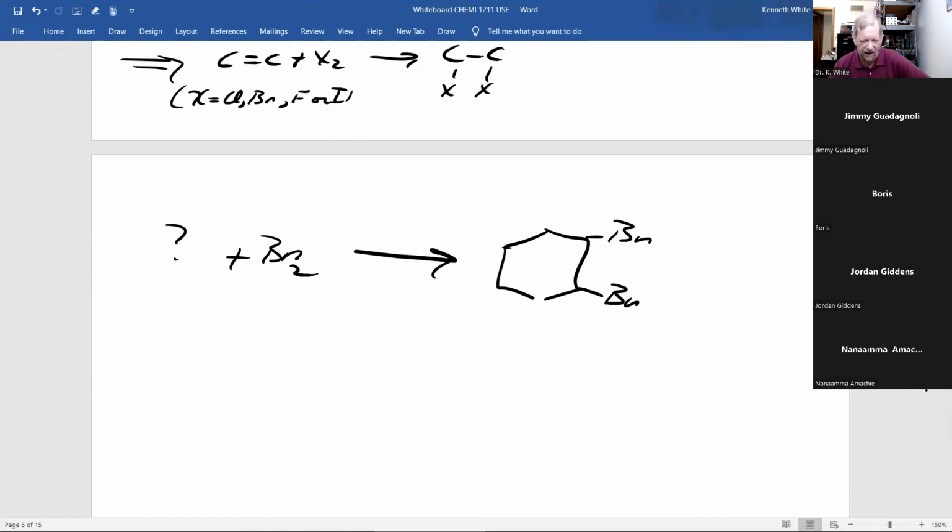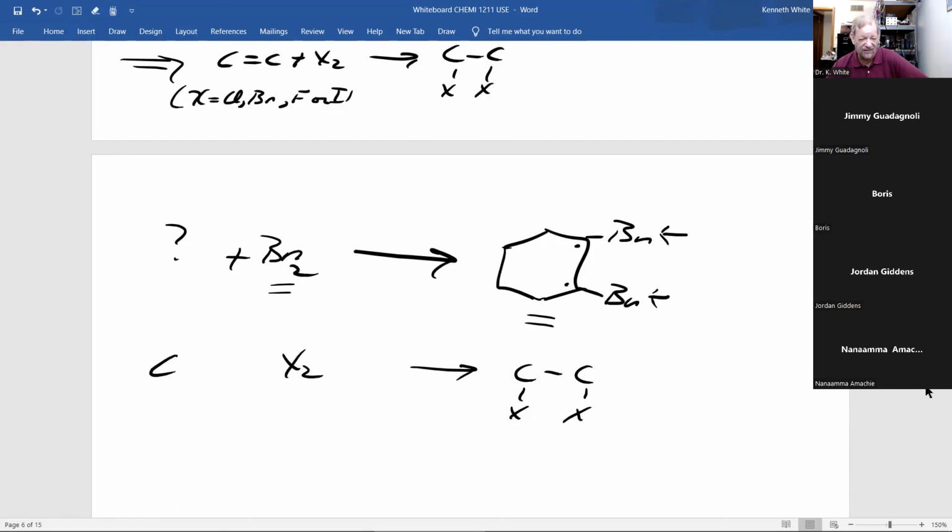How do you do this problem? You look at what you're trying to make. Look for what's different, what's not carbon, what's not hydrogen. Ooh, not one, but two halogens, bromine, on adjacent carbons. Adjacent means right next to each other. And we show halogens like this. And this is bromine gas, X2.